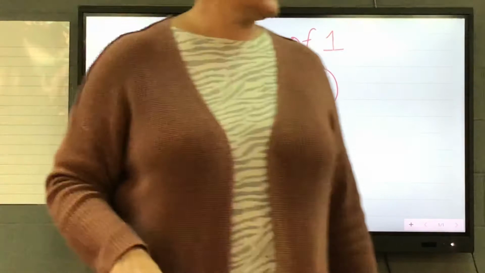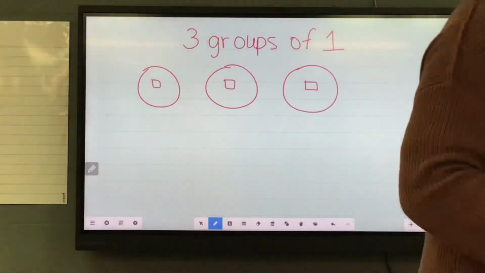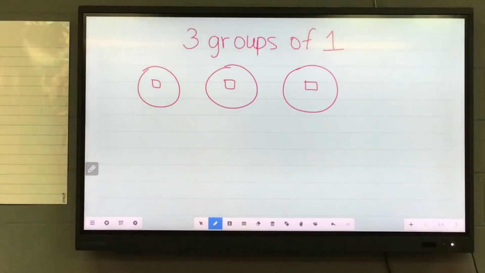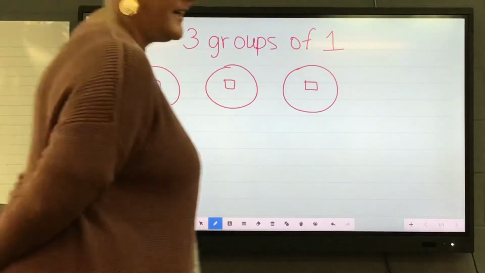Jenny's got it taken care of. Lucas is getting it. The repeated addition. Haley's got it. Raylan's got it. Natalia's got it. Connor was making it too hard, but now he's got it.